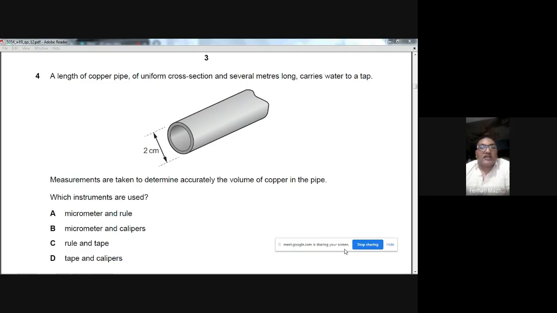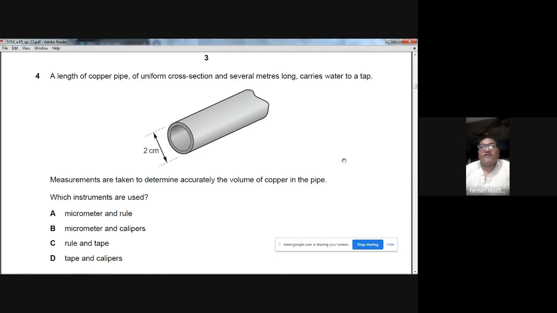I need to know the length of the pipe, and I need to know the internal diameter of the pipe. For the internal diameter, we use a vernier caliper, and because it's several meters long, I will use the tape. So I need the tape and the vernier caliper. So the option is D. The best option for question number 4 will be D.